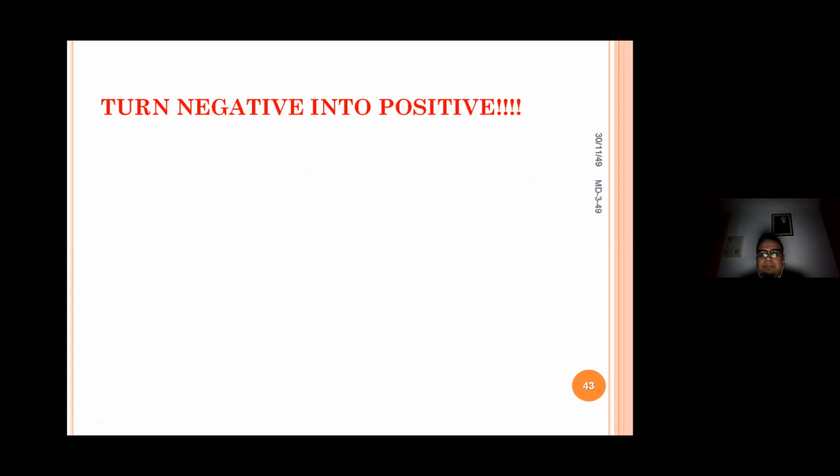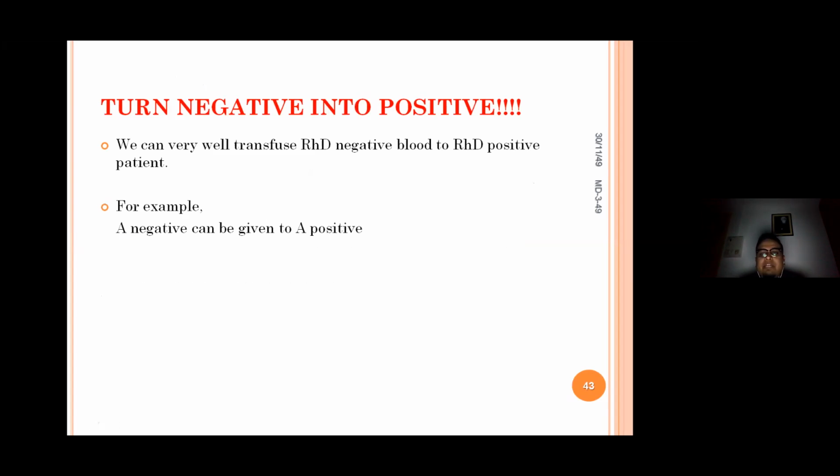So our policy should be to turn negative into positive. This should be the policy also in our lifestyle, and even in the blood bank. So what is this policy? We can very well transfuse RHD negative blood to an RHD positive patient. Many a time I have seen that clinicians are reluctant to transfuse negative components to a positive patient.